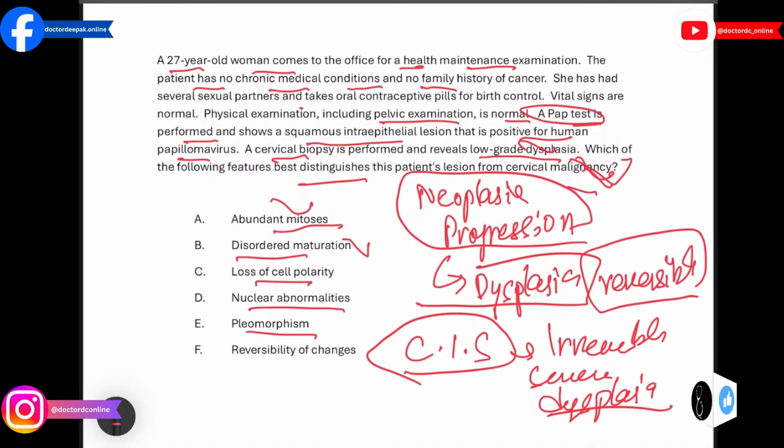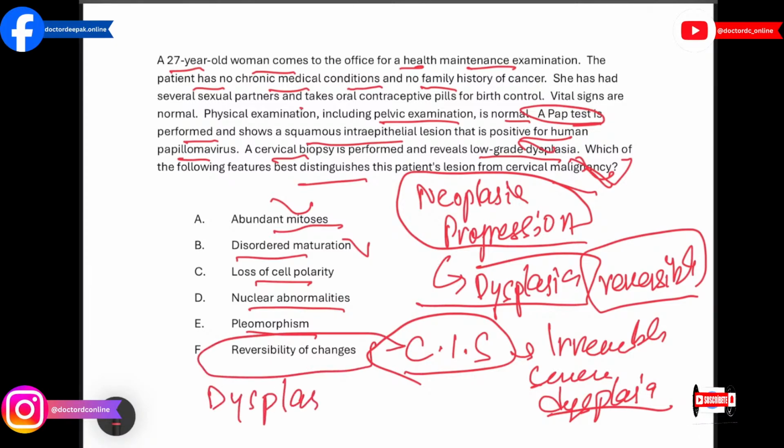Both have these, but reversibility changes. If only dysplasia is happening, the right answer is reversibility of changes, because dysplasia is reversible, while carcinoma in situ or invasive carcinoma is irreversible, so dysplasia persists.